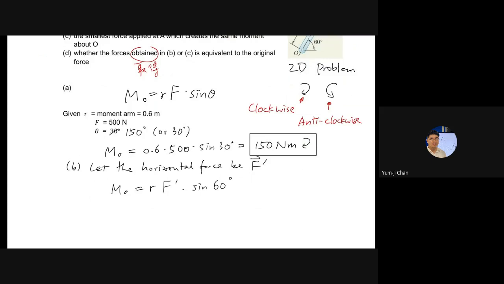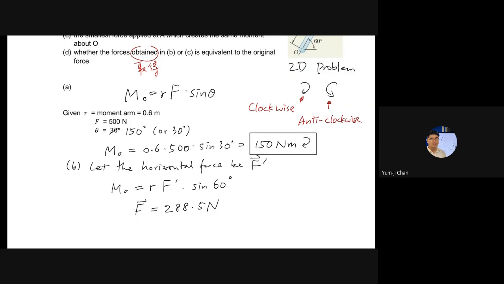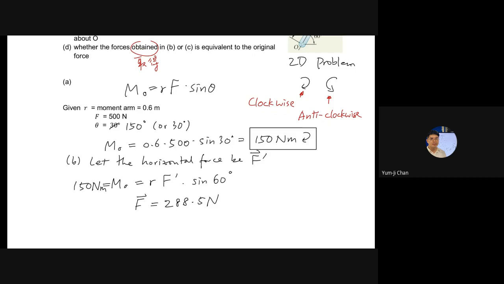And F prime is equal to 288.5 Newton, because this one is equal to 150 Newton meter, right? Remember, if we write a force, we need to write the direction. That is the answer.